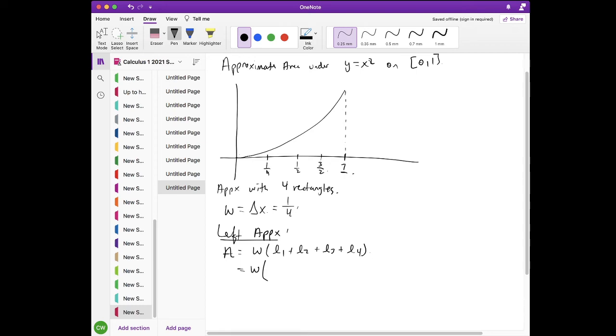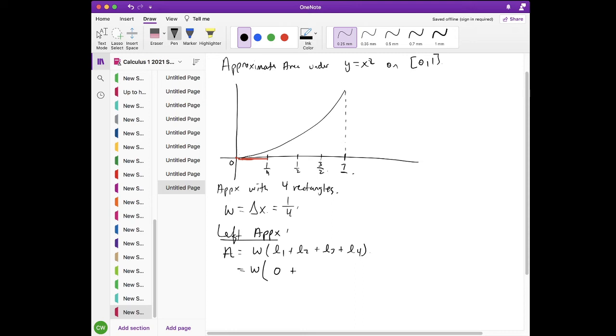This is kind of a funny one. What is the endpoint that I use? What do I plug in? 0. Yeah, that's kind of funny. There's really no rectangle here, so there's zero length.